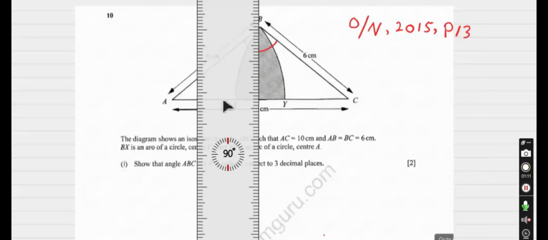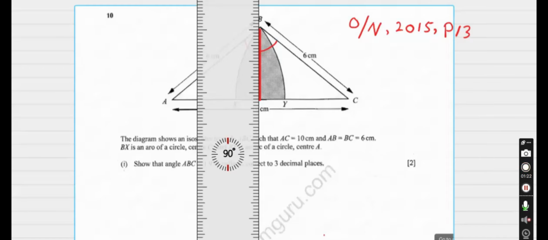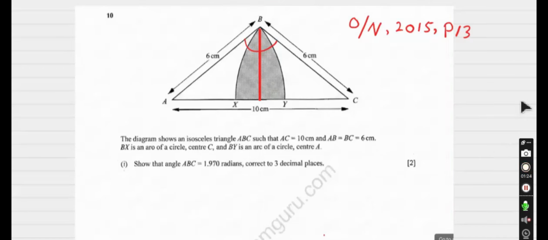So first we have to draw a perpendicular from B to line AC. The foot of the perpendicular makes 90 degrees with the line AC. If we assign the name theta to this angle, this angle is also theta. This is the property of an isosceles triangle.